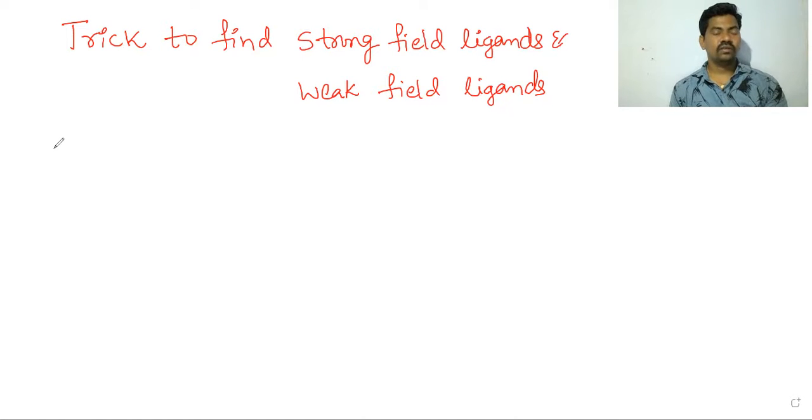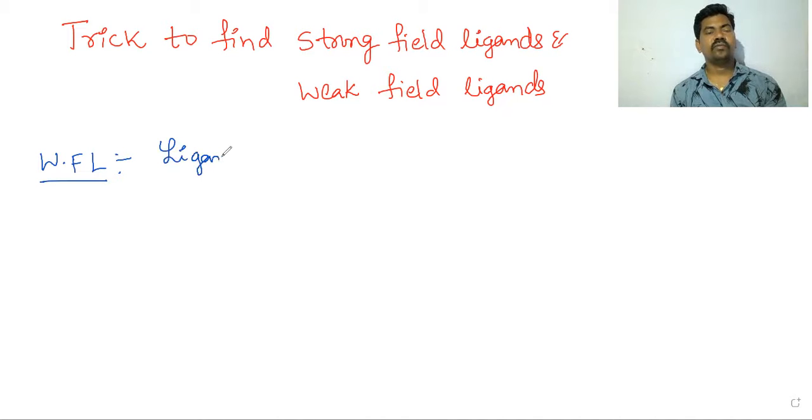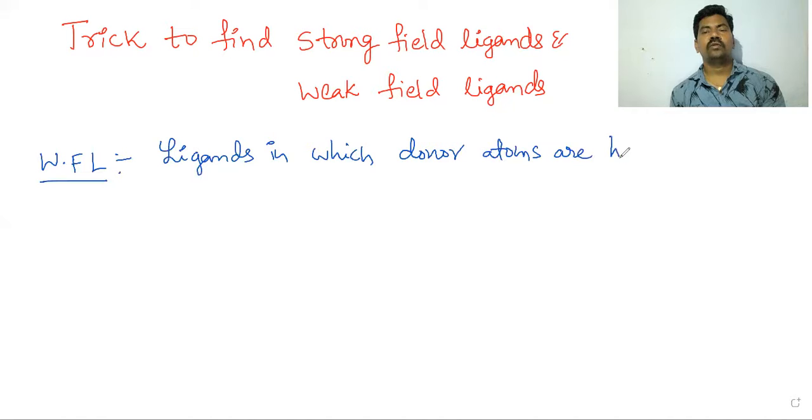Weak field ligands: ligands in which the donor atoms are halogens, oxygen, or sulfur are weak field ligands.